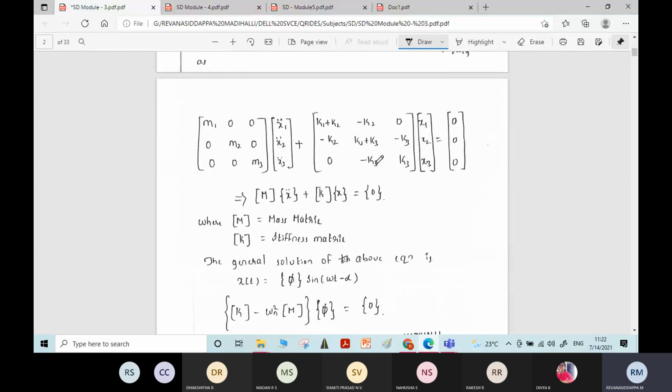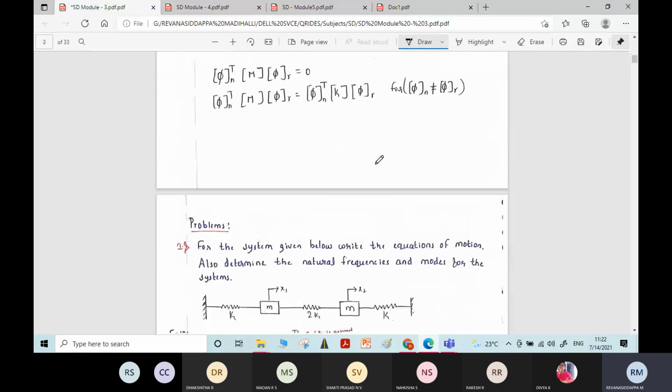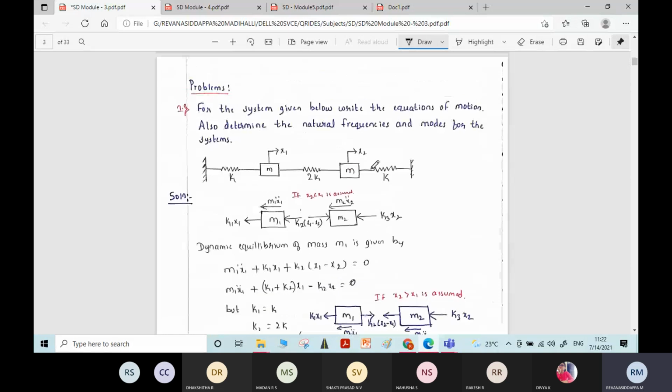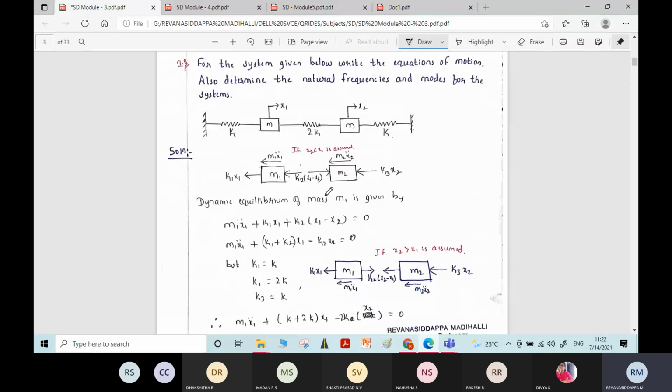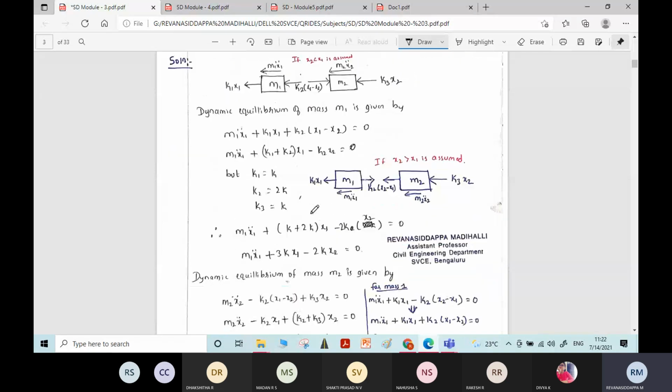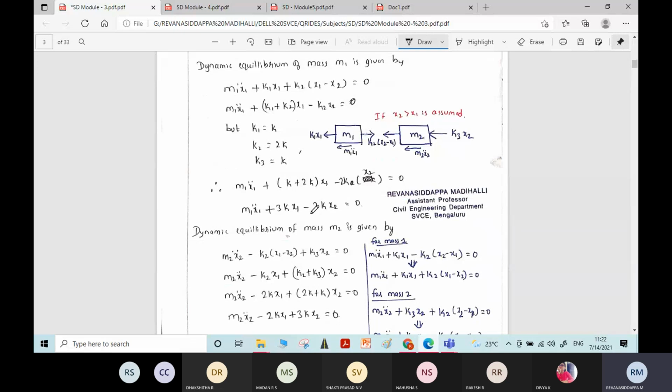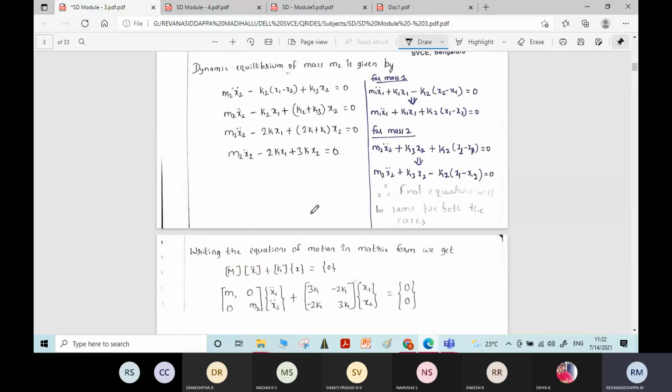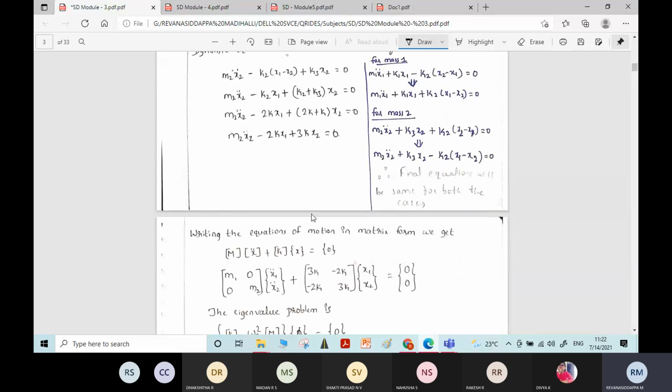Then coming to the problems, my suggestion is don't simply read the problems. You have to solve at least 2 to 3 different problems.